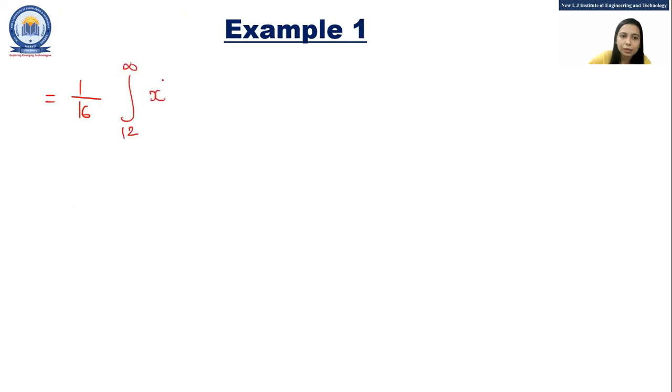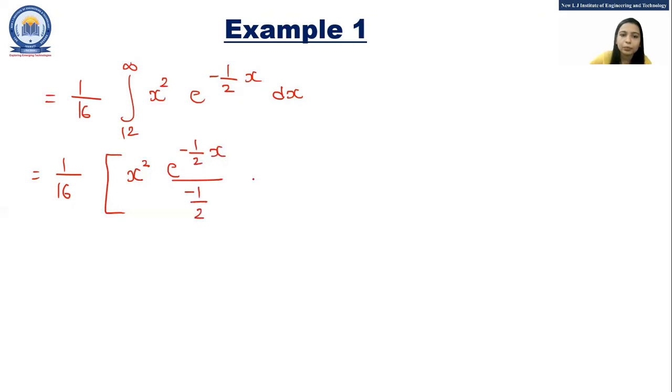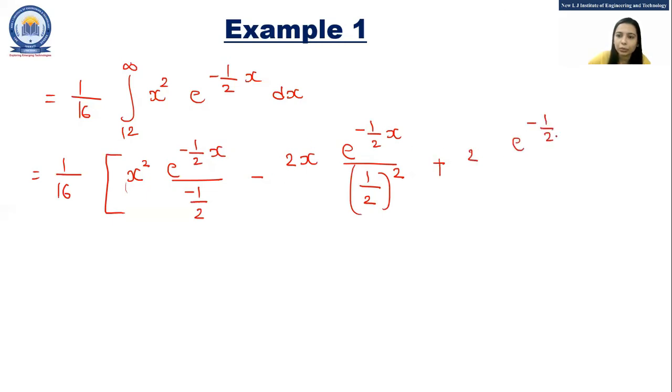Now the integration of x square e raised to minus 1 by 2 x is given by x square as it is, times the integration of e raised to minus 1 by 2 x, upon minus 1 by 2, minus, x square's derivative is 2x, times the integration of this, that is e raised to minus 1 by 2 x upon 1 by 2 square, plus, the derivative of 2x is 2, e raised to minus 1 by 2 x upon minus 1 by 2 cube. Upper limit infinity and lower limit is 12.